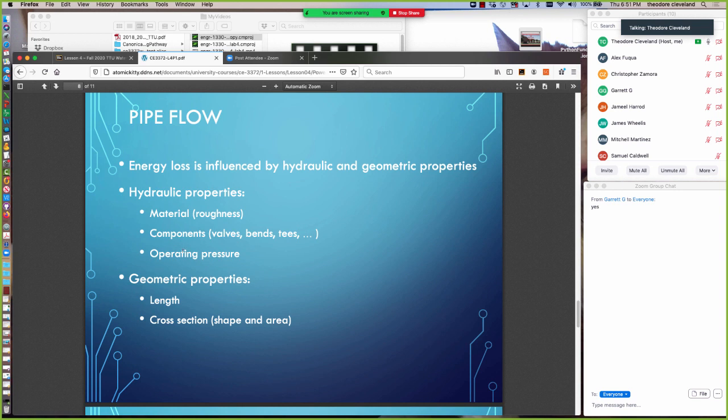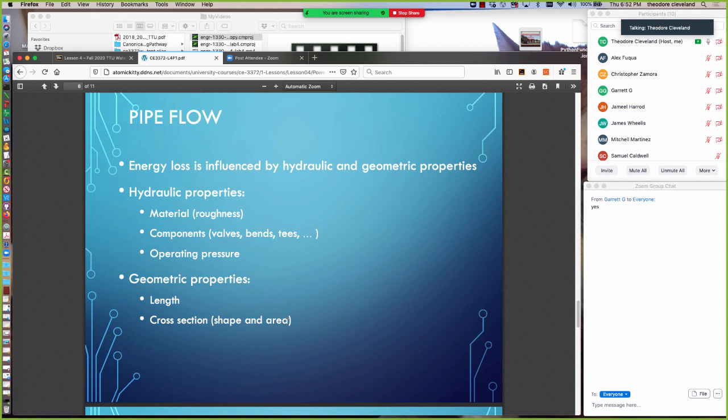The other main component that I suppose is embedded in this operating pressure bullet is how fast the water is moving through the pipes. The geometric properties that play an important role are how long the section is and the cross section, both its shape and its area.